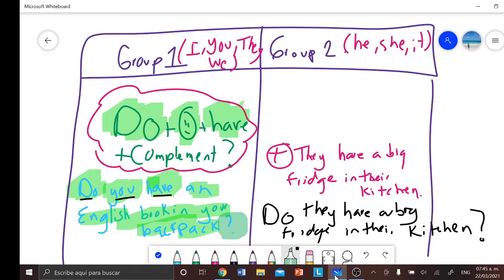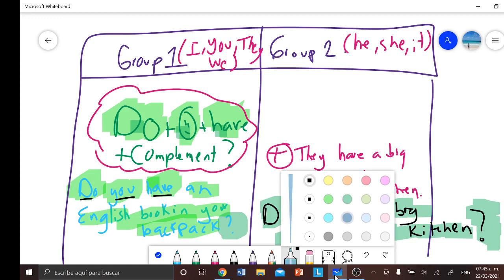Here it is. Auxiliary do, subject, have, complement, a big fridge in the kitchen, and we close with the question mark y cerramos con el signo de interrogación, ¿ok? Realmente es algo muy sencillo.